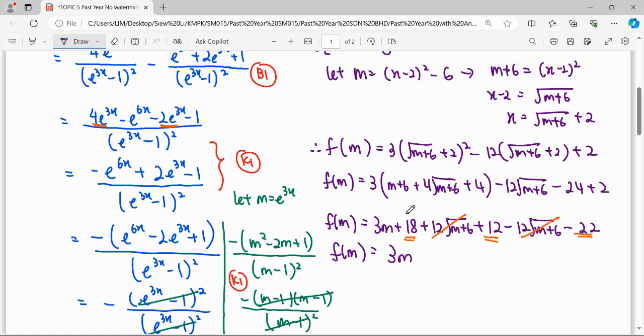Then we can continue: 18 plus 12 minus 22 gives us positive 8. So that will be f(m). We change it back in terms of x. f(x) equals 3x plus 8.